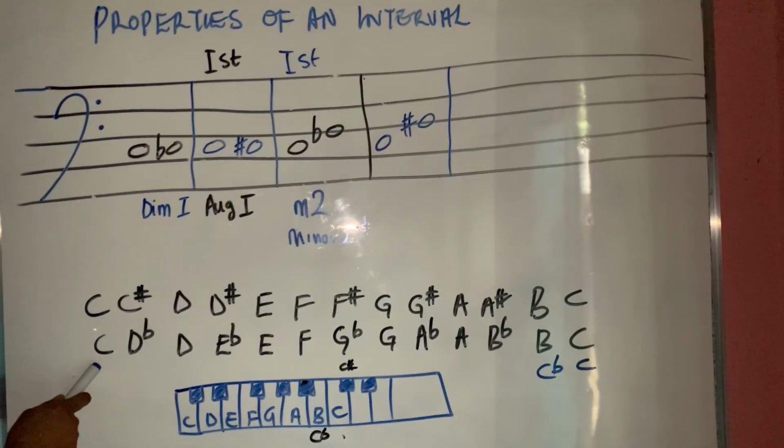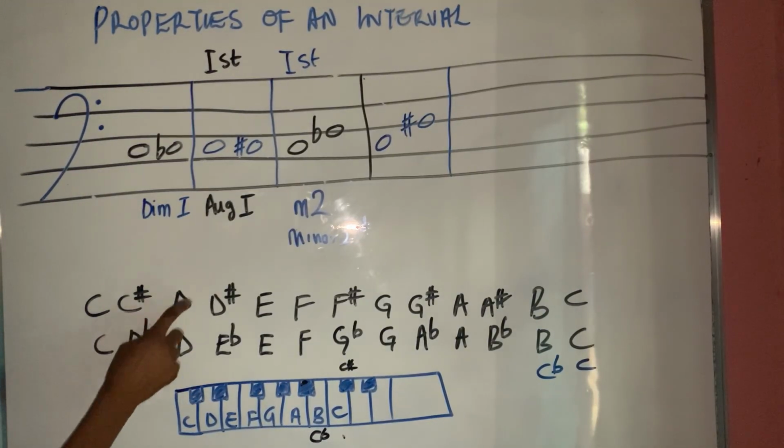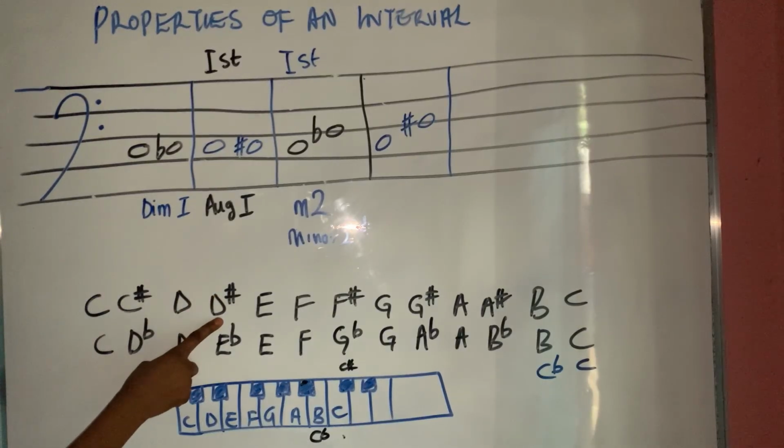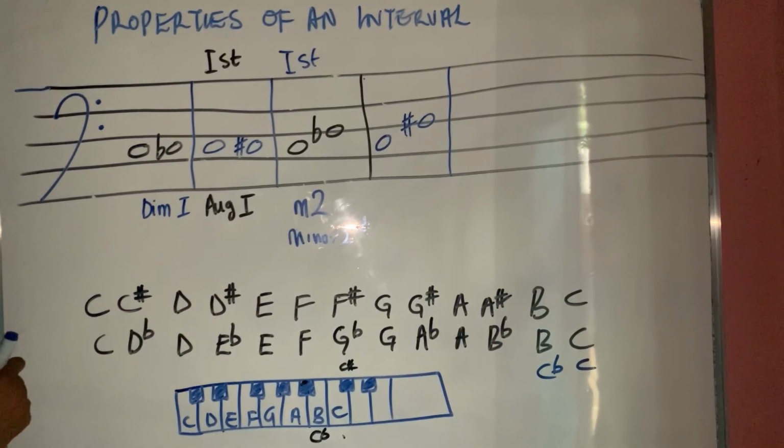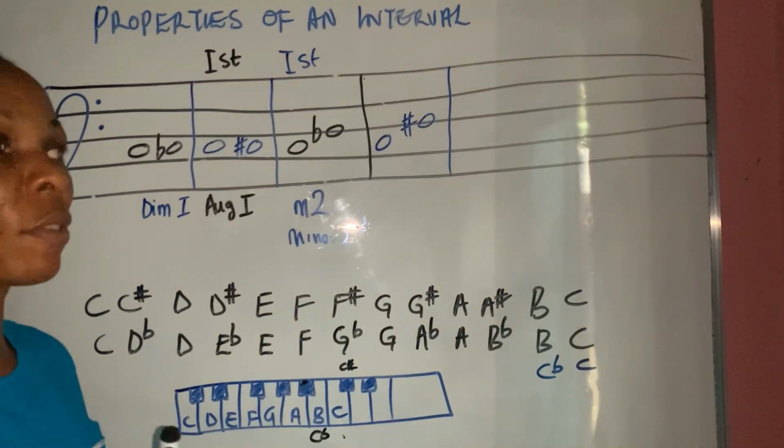Now let's see C to D sharp. How many semitones? 1, 2, 3. 3 semitones. What can 3 semitones give us? You remember 2 semitones was giving us a major second.